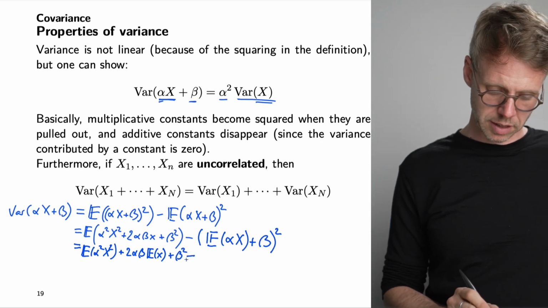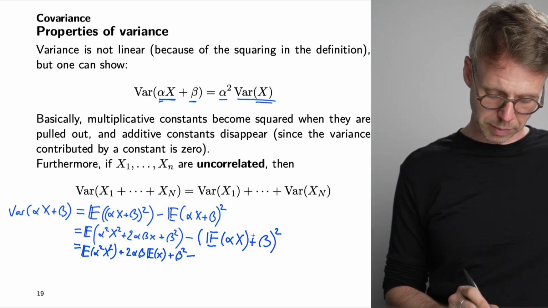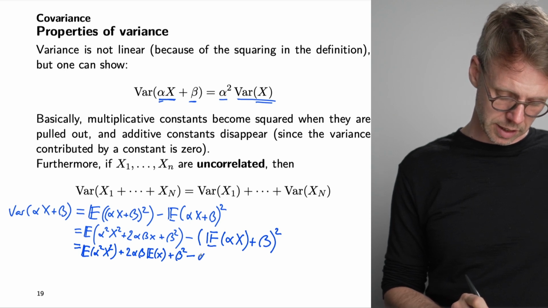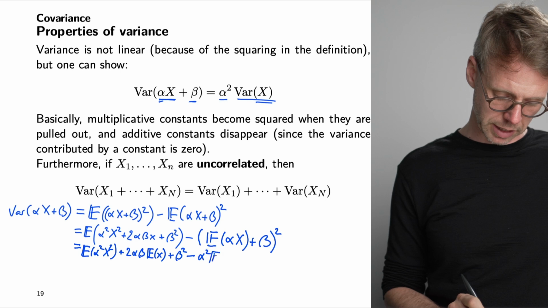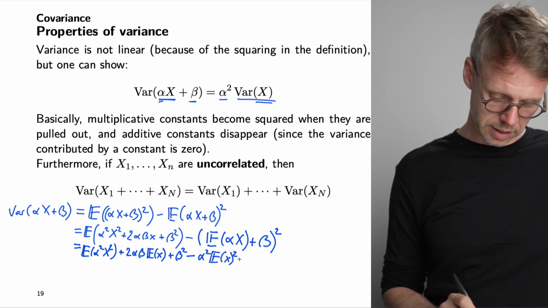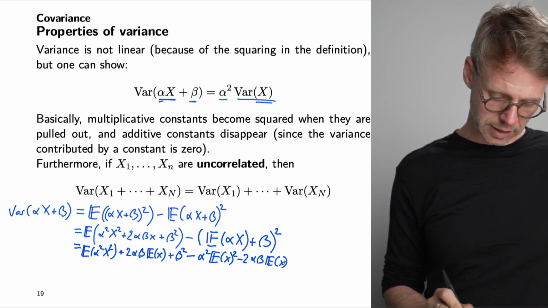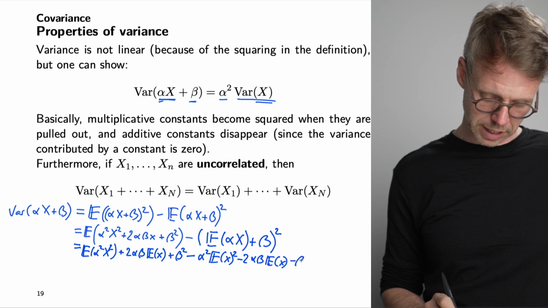Minus, and now we can square all of these terms. So we get alpha squared times the expected value of x squared, minus 2 times alpha beta times the expected value of x, minus beta squared.